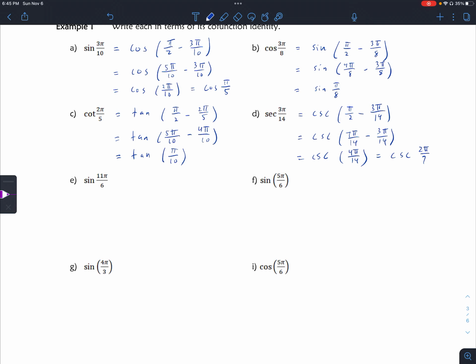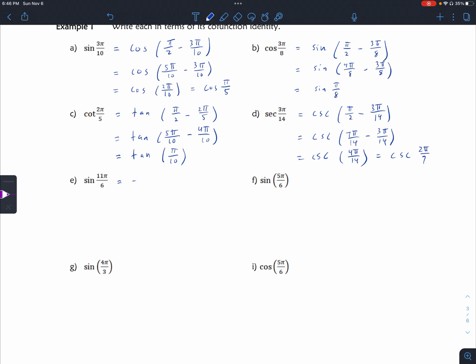So what you have to realize is that we can write this in terms of still sine, but in terms of the first quadrant. So sine of 11 pi over 6, right, is sine of 330. The related acute angle is 30, or pi over 6 radians. We can write this as negative. We know sine in the fourth quadrant is negative, and we know sine in the first quadrant is positive.